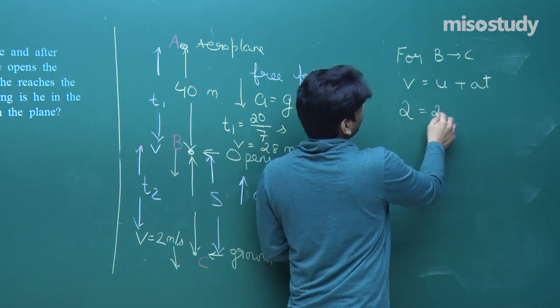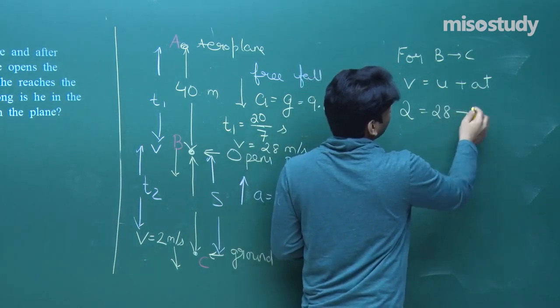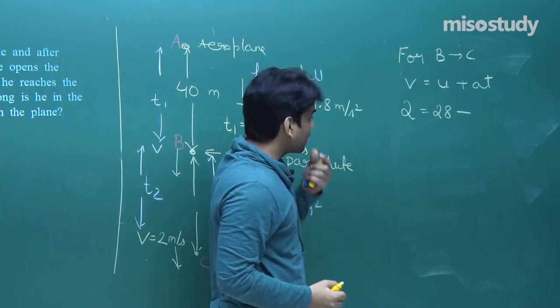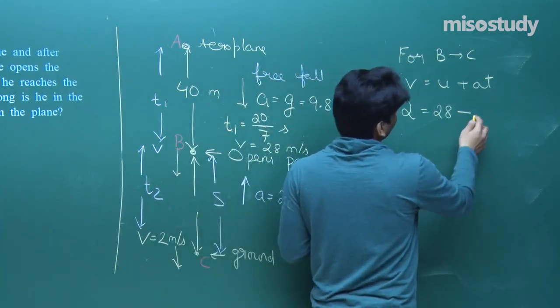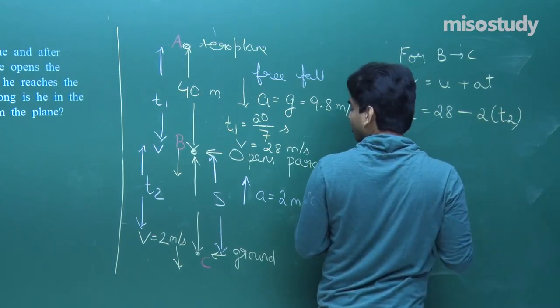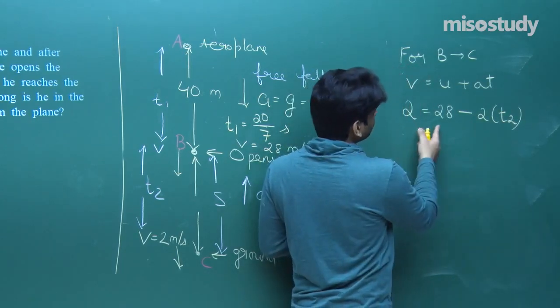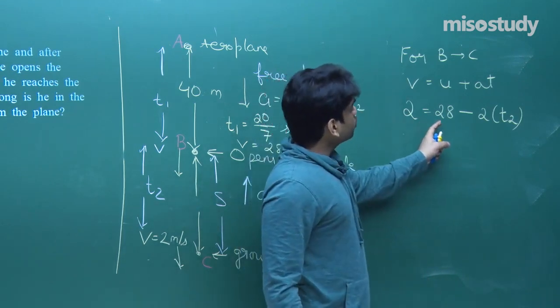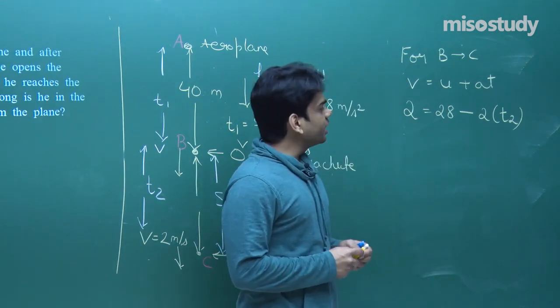Initial velocity is 28, and the deceleration is acting upward. So we can mark that as 28 minus 2 into time, let's say t2 that we have marked. So 2 equals 28 minus 2 into t2.